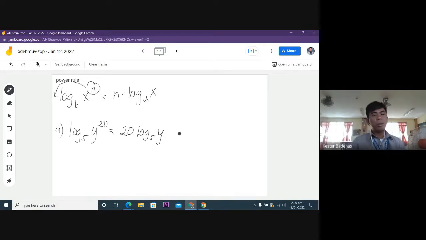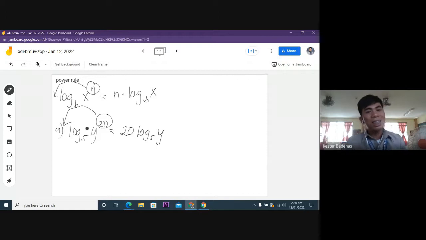Okay, that's correct. So we have 20 times logarithm of y with a base 5. Basta ibababa lang talaga natin yung exponent doon sa pinakaunahan and then multiply them with the logarithm.